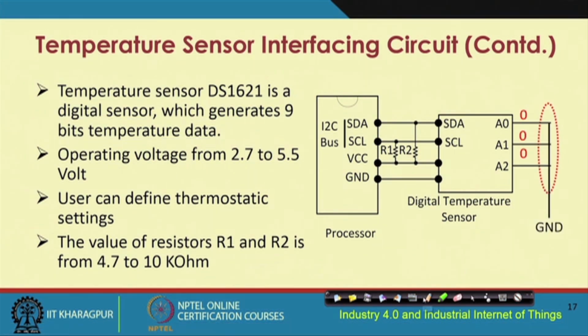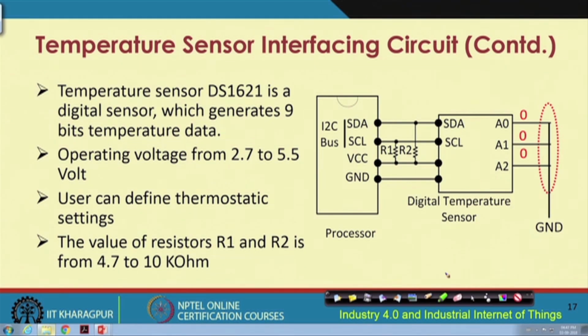So, we have then this output produced from the digital sensors in this manner, right. So, these are the different outputs.